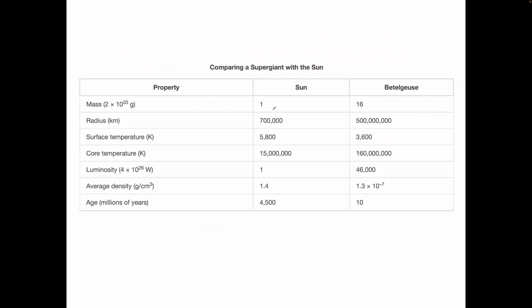Now I have a comparison of a supergiant star with our own Sun, and you can see the mass of the Sun is 1 solar mass. And Betelgeuse is a star that belongs to the constellation Orion, which is the brightest star in the constellation.